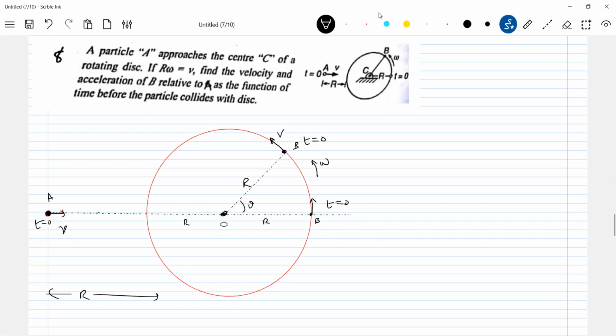Somewhere here. Okay, got the idea, all of you? Look at the instant now. So now he's asking what is the velocity of particle B with respect to A. So now this relative velocity concept, we are extending it to the other situation.